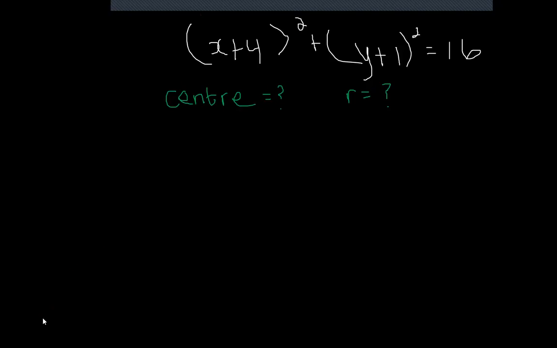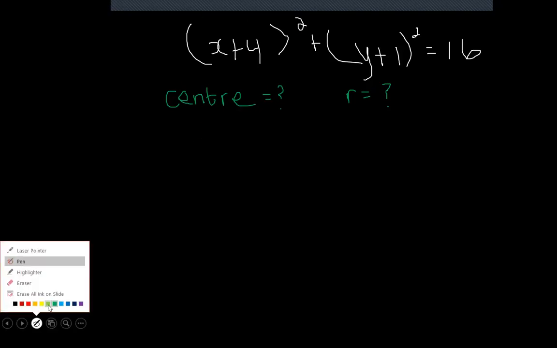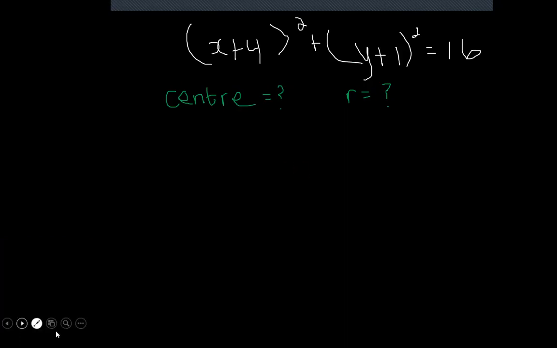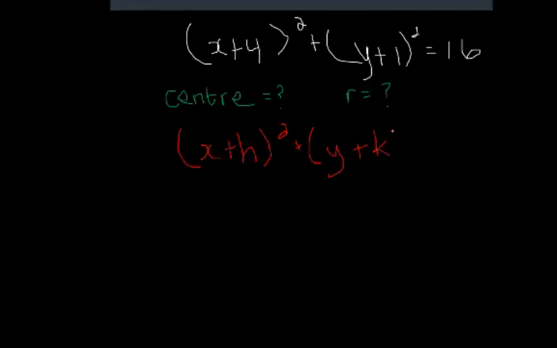standard form. So to identify the center, remember, first thing you want to do, write down the standard form. So (x plus h) squared plus (y plus k) squared is equal to r squared.